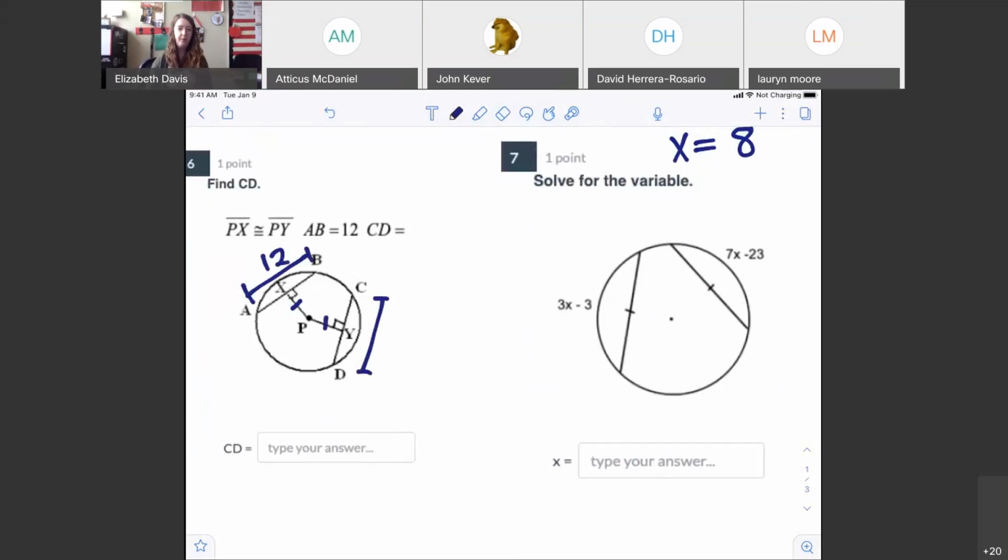Does it kind of match up with? Yeah, so AB matches up with CD. So since AB is 12, CD is going to be 12.